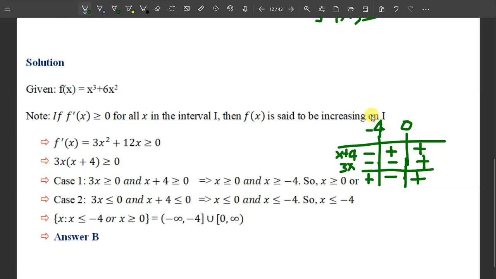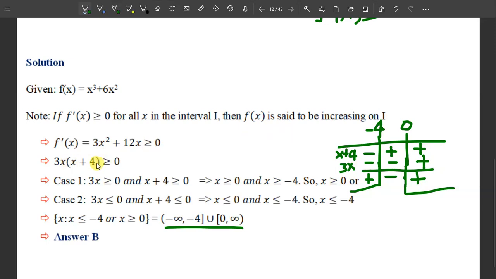Therefore, f prime of x is greater than or equal to 0 for the interval from negative infinity up to minus 4, and also from 0 up to positive infinity. Therefore, this is the interval on which f of x is increasing.